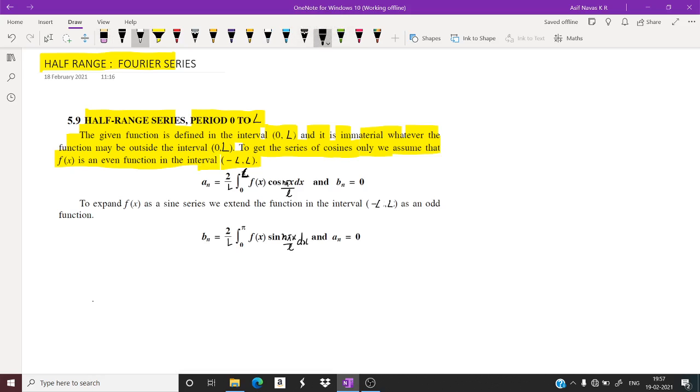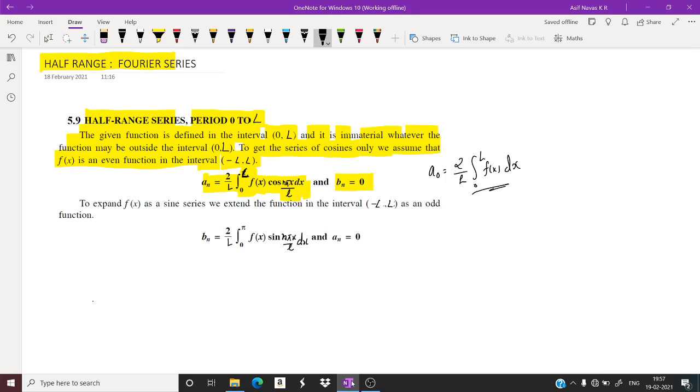Then we know that a_n must be equal to 2 by L integral 0 to L f of x cos n pi x by L dx, and b_n is equal to 0. And also we have a naught is equal to 2 by L integral 0 to L f of x dx.